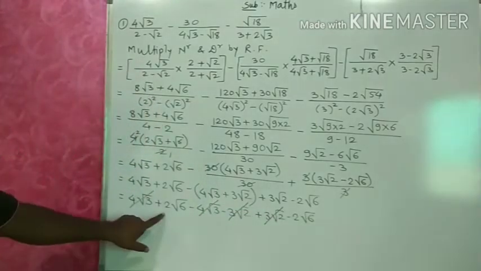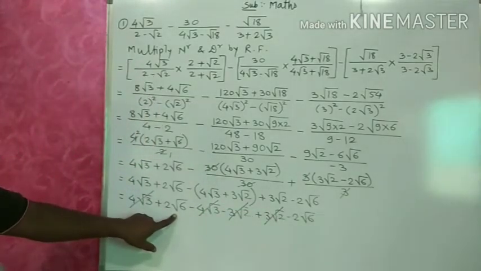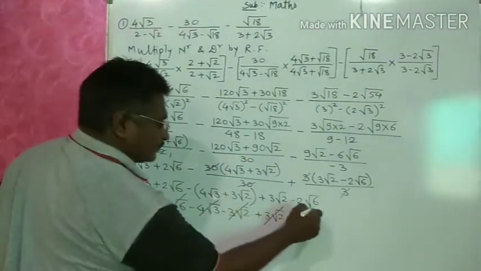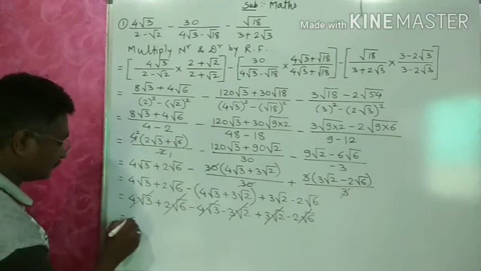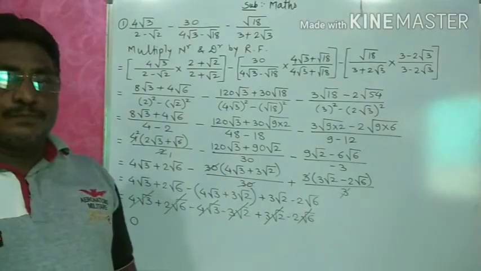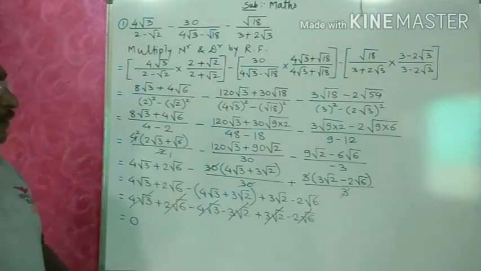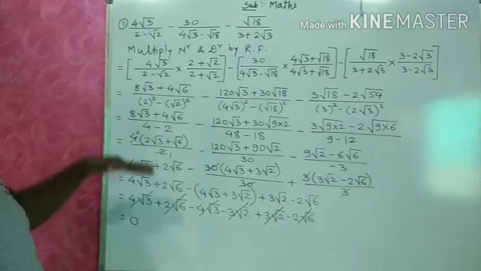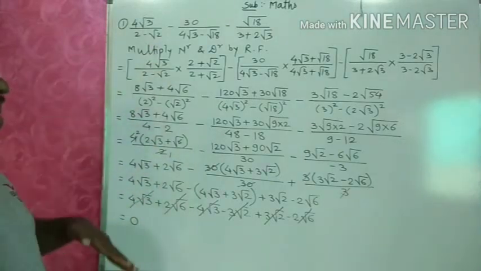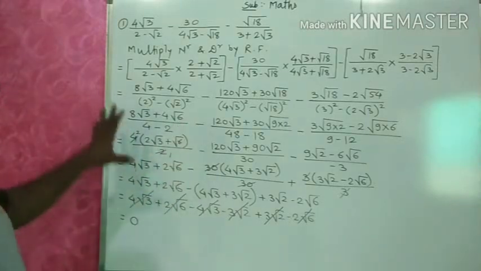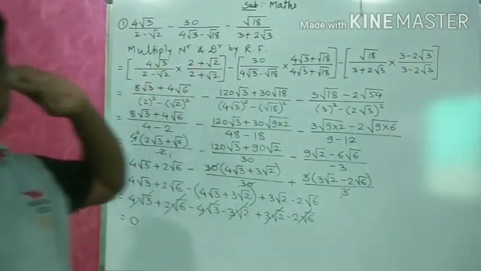Now what is left? 2 root 6 minus 2 root 6, 0. So what is the answer? The answer is 0. Hope you understand, students, how to solve. Stepwise you have to go to solve this. Then you will get the answer. Nothing else is there, you only have to simplify.